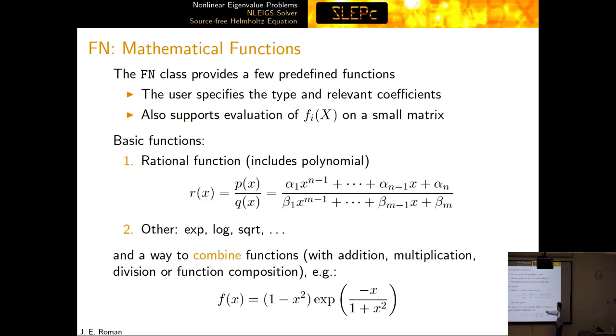The functions that we have are rational, exponential, logarithm, square root, etc. More importantly, we can combine several functions by addition, multiplication, division, or composition in order to create more general functions. With this, we are able to solve many applications that have a nonlinear problem.